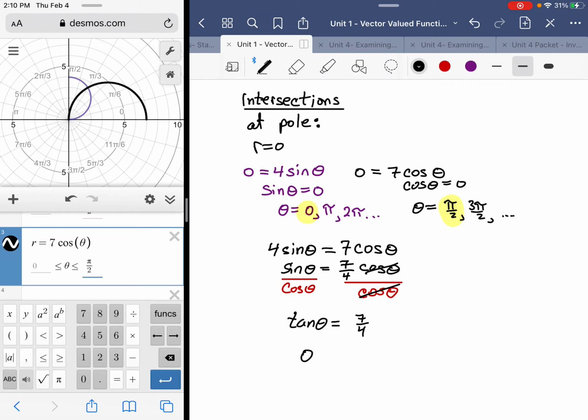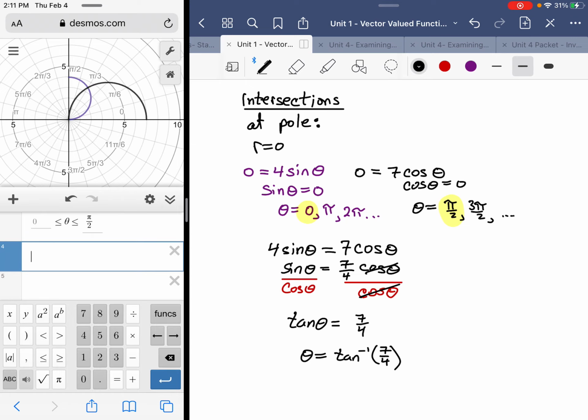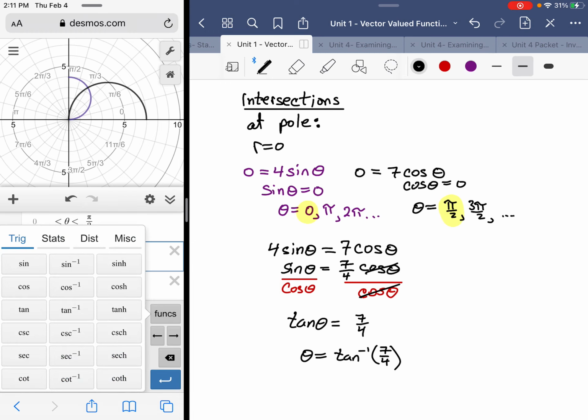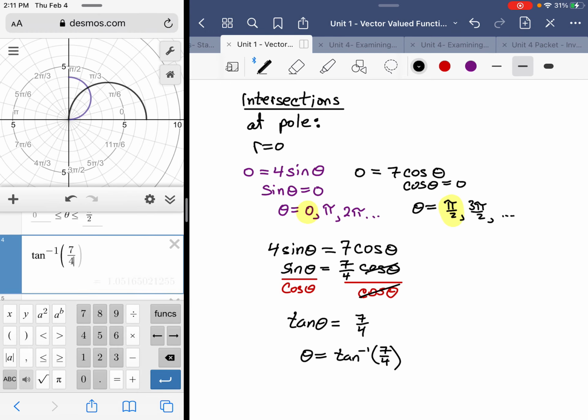And then I could say that theta is equal to the inverse tangent of 7 over 4. And then I can just rough that out. Inverse tangent of 7 over 4 is approximately 1.0517 radians. So that's information.